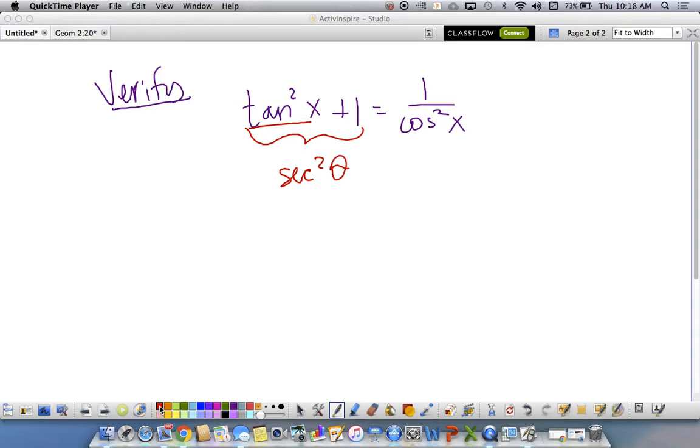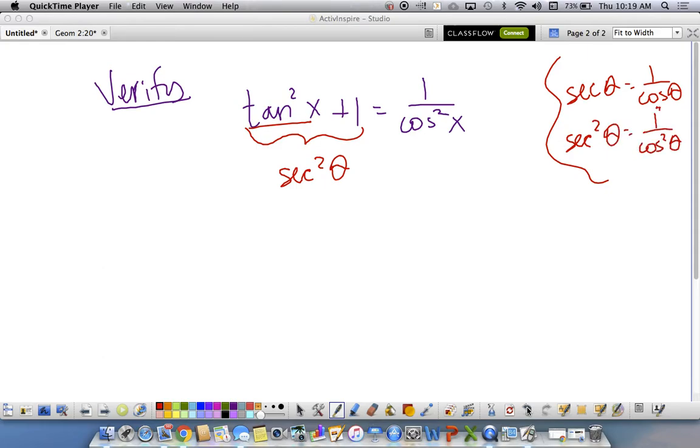Is somewhere else near the back of your plate something that says secant theta? Secant theta equals 1 over cosine. So in my thought bubble, if I have secant theta equals 1 over cosine theta, can I square both sides? Is secant squared the same thing as 1 over cosine squared?